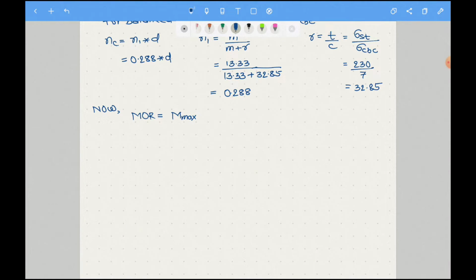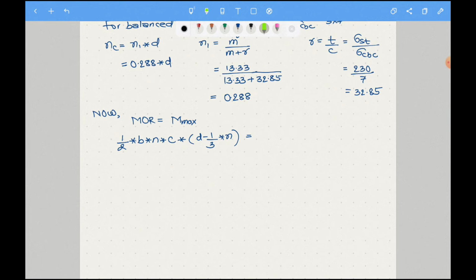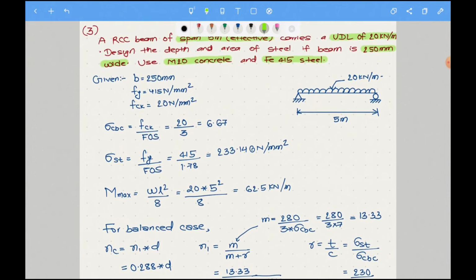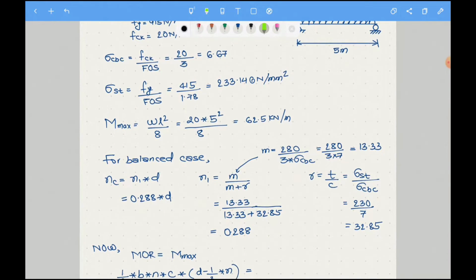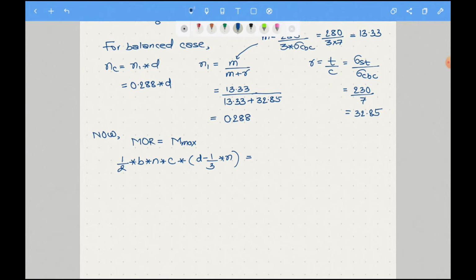And for this we can write half of B and C times effective depth minus 1/3 of depth of the neutral axis should be equals to the maximum bending moment. And the value of the maximum bending moment that we have found earlier was 62.5 kilonewton meter.